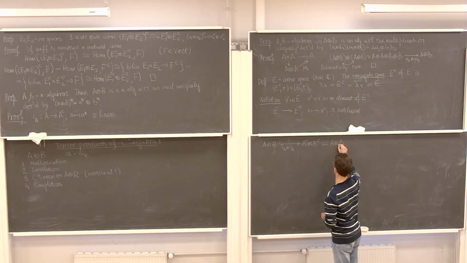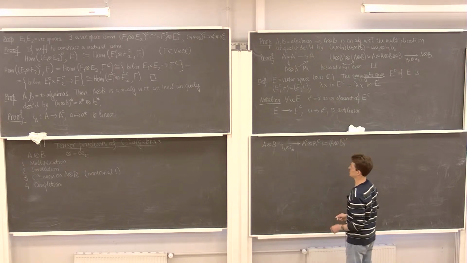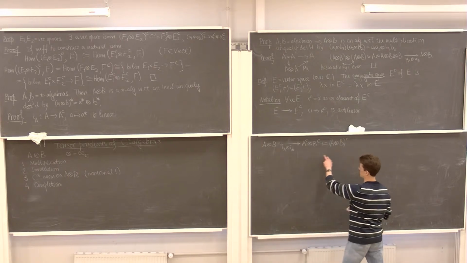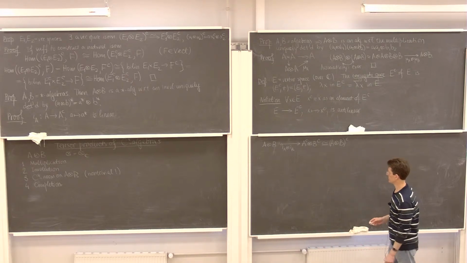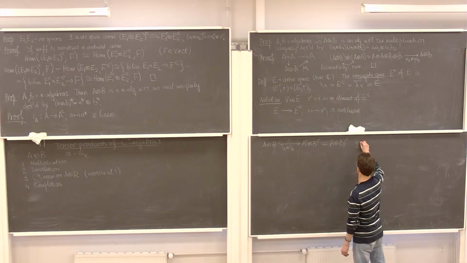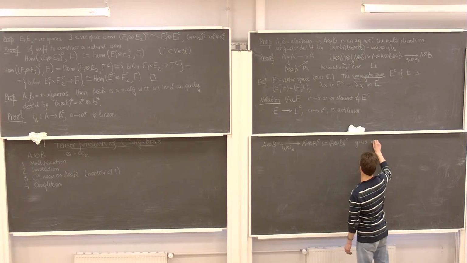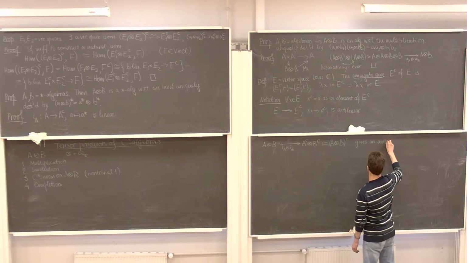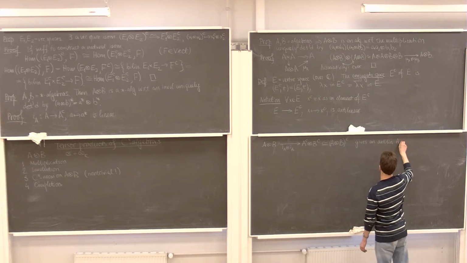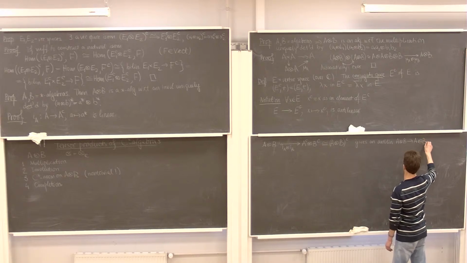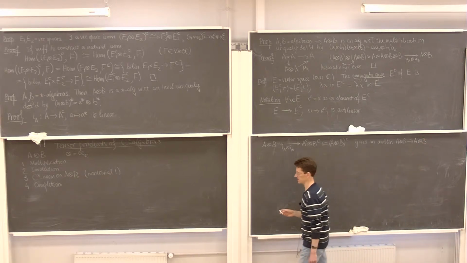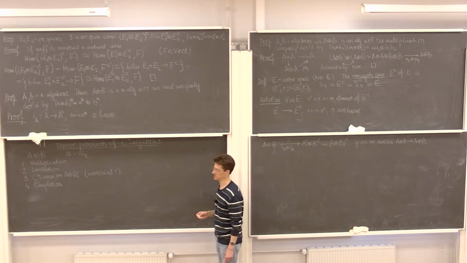So we get a linear map from here to here. And this is exactly what we are looking for. So this gives us an antilinear map from A tensor B to itself. And now it's a simple exercise that all axioms of an involution are satisfied.